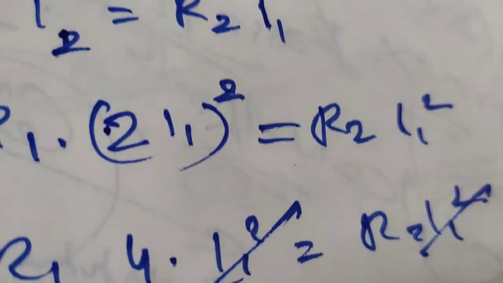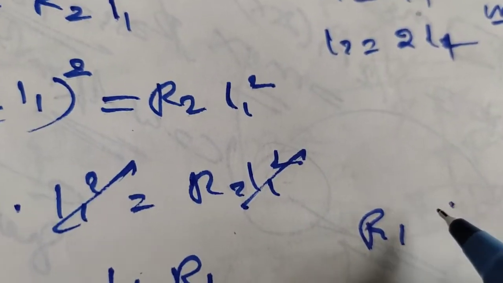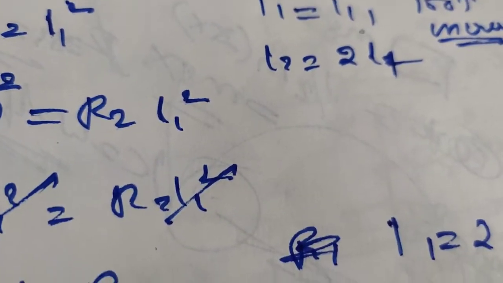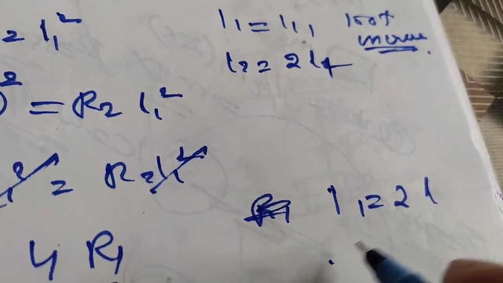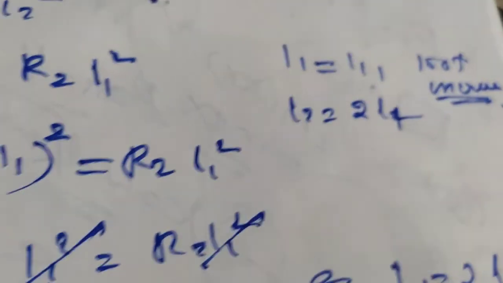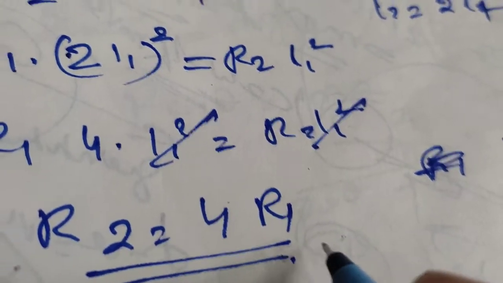Without this also we know, if L increases 2 times, since R is proportional to L squared, it will increase 4 times. So R2 is equal to 4 R1.